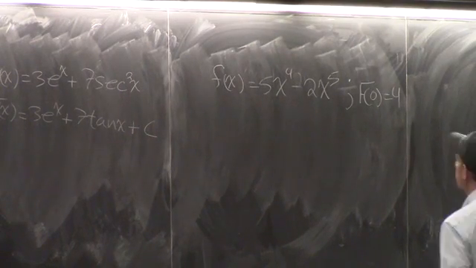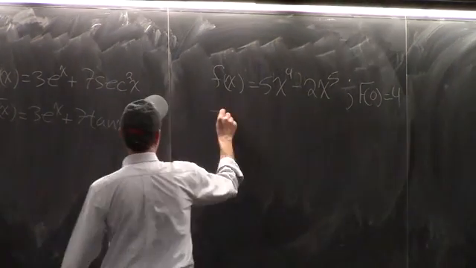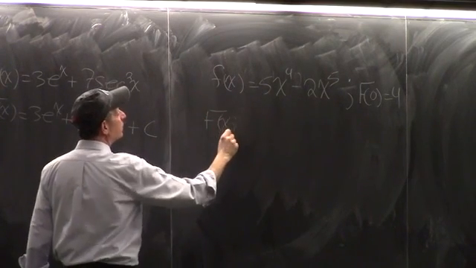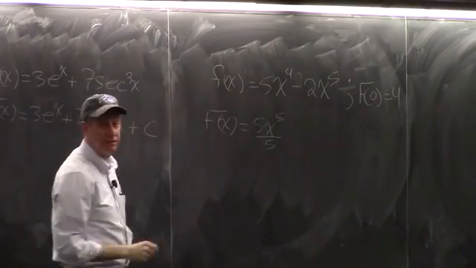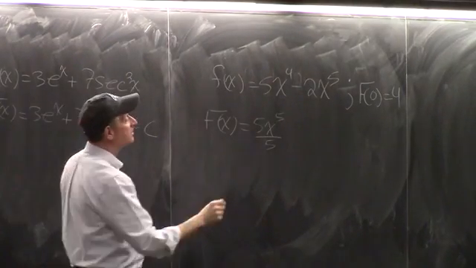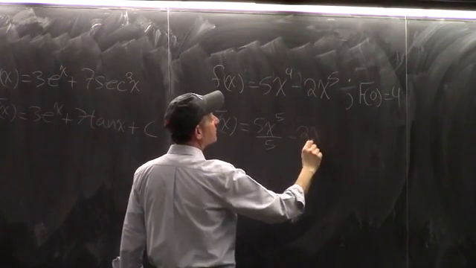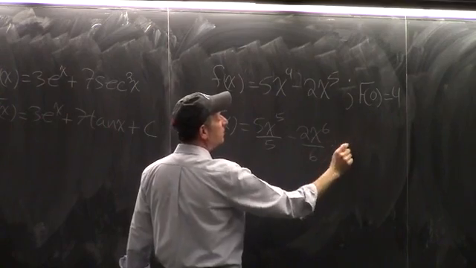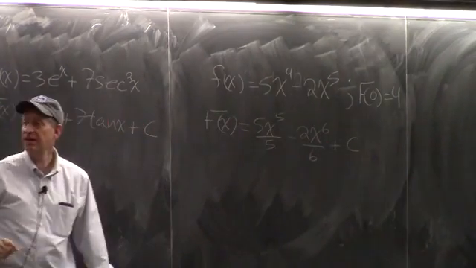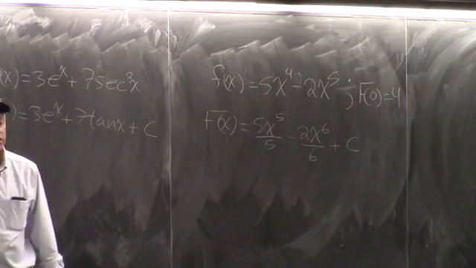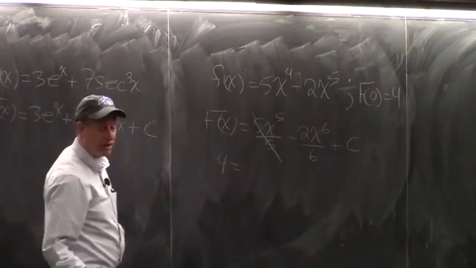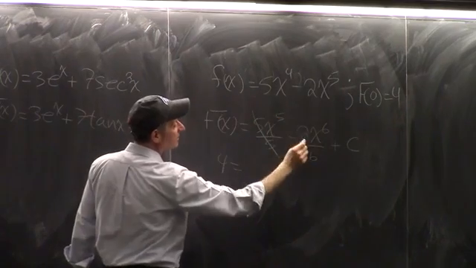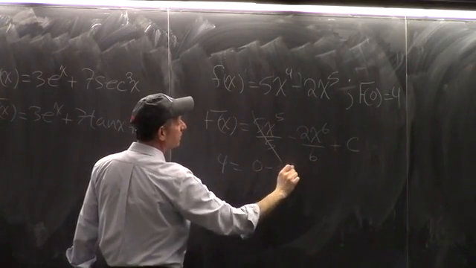All right. So we do the antiderivative. You get 5x to the 5th over 5 minus 2x to the 6th over 6 plus c. And I know that f at 0 equals 4. So 4 is, you can cross out those 5s, 0 minus 0 plus c.